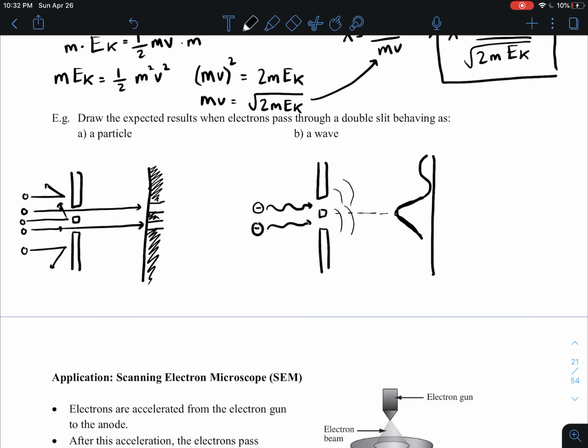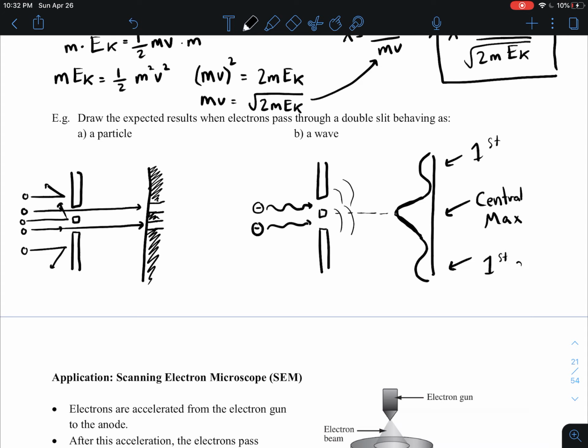And then we get another wave that looks something like this. We end up getting spots of bright. We have a central max, followed by a first order max above and a first order max below.